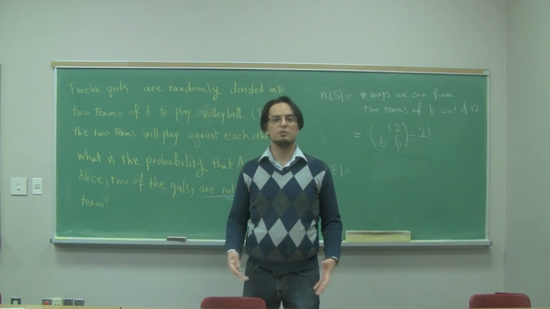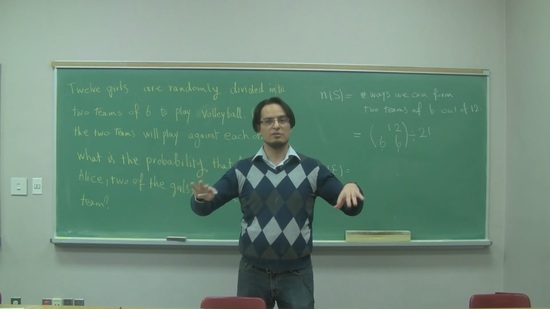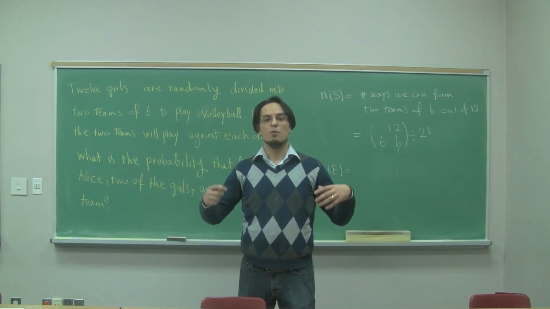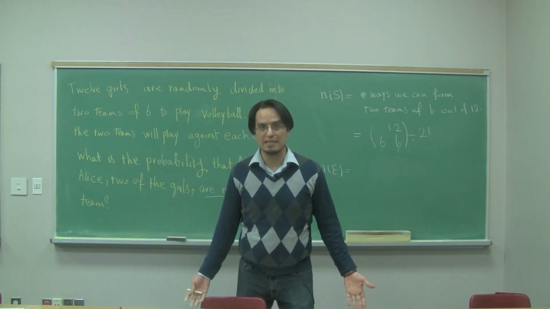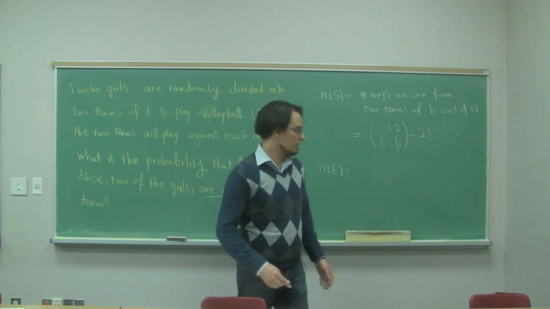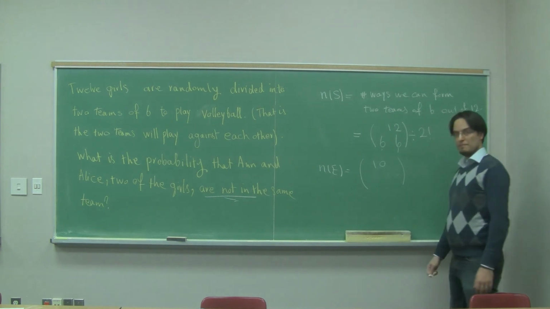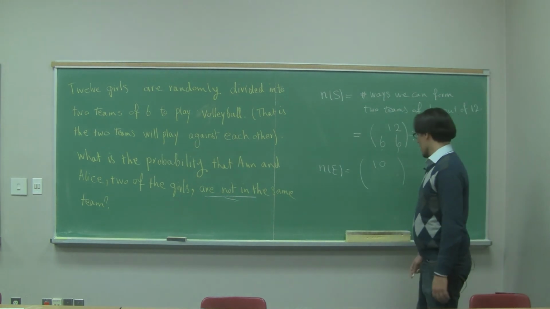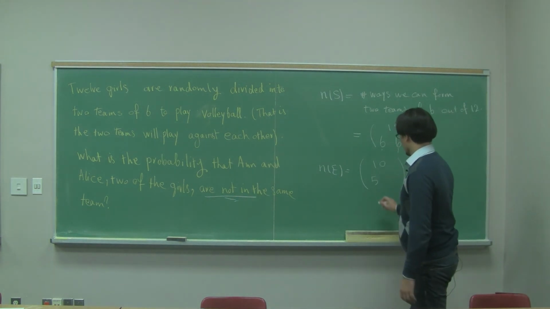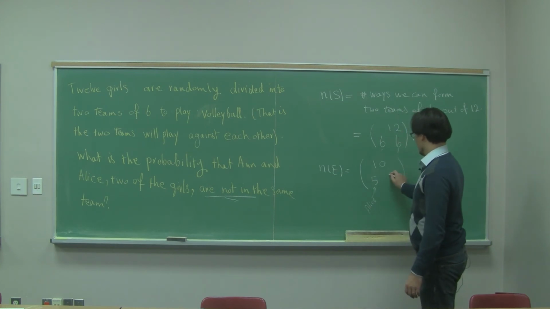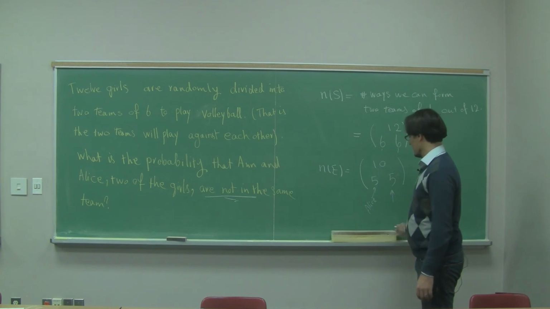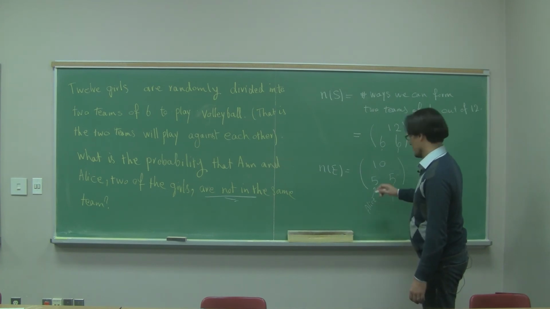So the total remaining would be 10, and we have to divide them into two teams of 5, because Alice and Anne are there. So in this case, I have 10 players, and I want to put 5 of them in Alice's team and the remaining 5 in Anne's team.